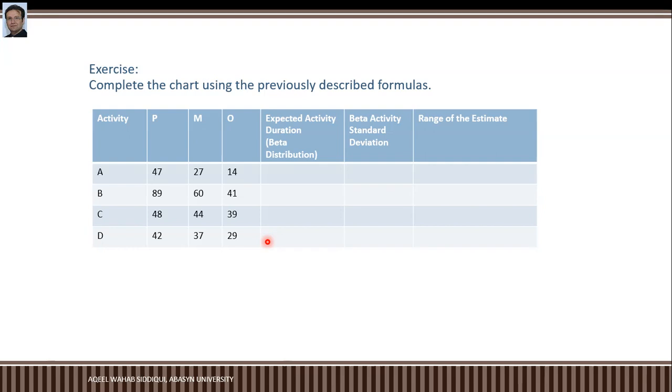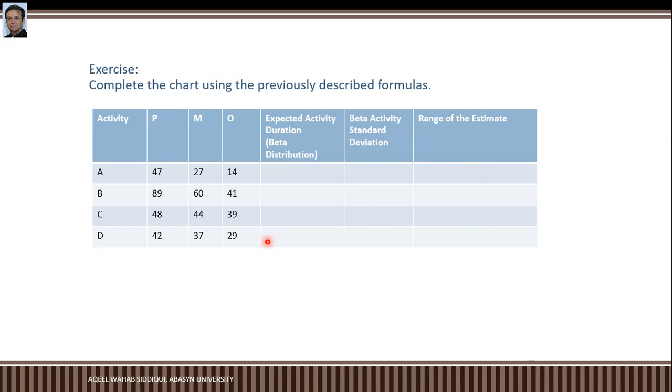In beta distribution, what we do, we just add optimistic values, pessimistic values, but we multiply most likely values with 4. This shows our confidence level on most likely values, and we do not divide by 3 but we divide by 6.